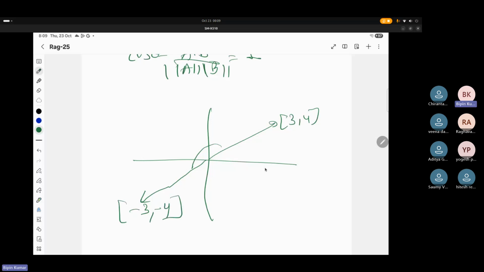If you calculate the dot product a dot b, it will be -25: -3 into 3 is -9, and -4 into 4 is -16, divided by 25. So its value will be -1. In the exactly opposite case, its value will be -1.